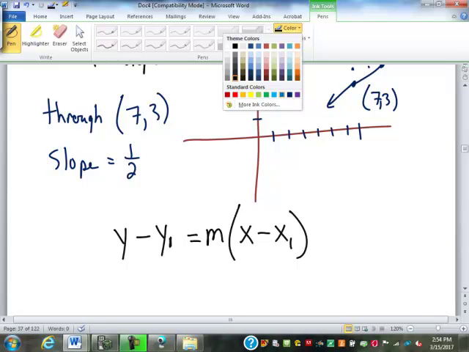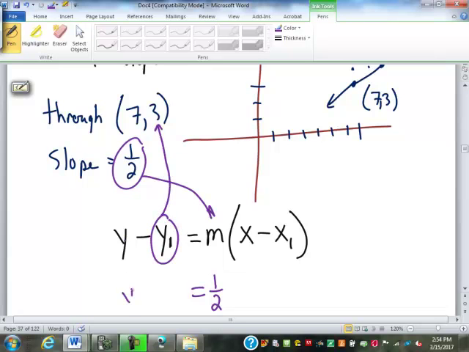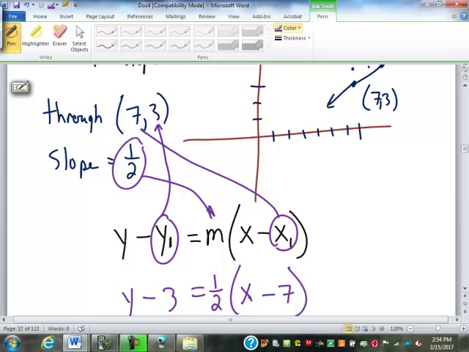So if I'm looking at this equation here, the slope from up here is 1/2. So m is going to be 1/2. y1 is the y coordinate of that point, that's the 3. So it's going to be y minus 3. Over here, x1 is the x coordinate of that point, which is 7. So this will be x minus 7. So just that quickly, we constructed an equation for that information.